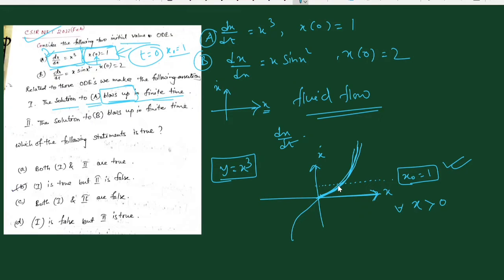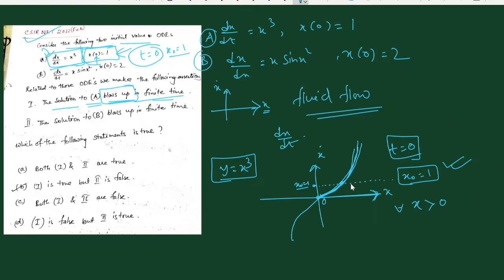So increasing means, in a finite time, in the neighborhood of the point t equal to 0, suppose x0 equal to 1, this is the 0 point and this is the x0 equal to 1 point. So in the neighborhood of this point, the curve of the solution dx/dt is clearly increasing.